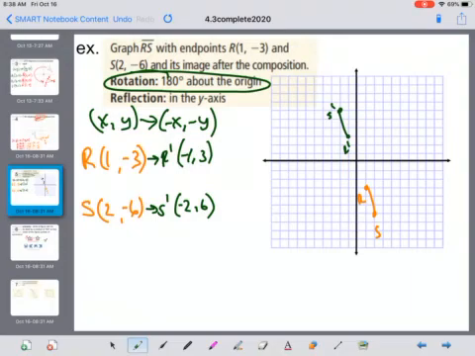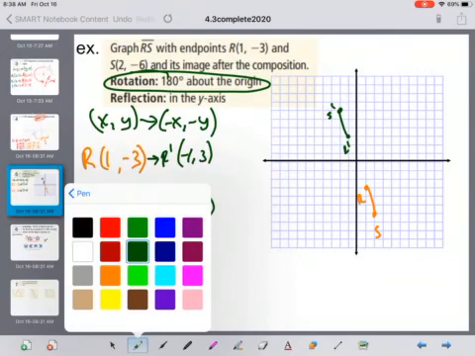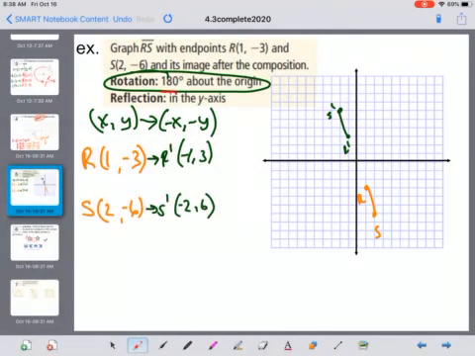And then for my double prime, I'm going to be taking the reflection in the y-axis. When I do the reflection in the y-axis, I take the ordered pairs I was just at, take the opposite of x, and then keep my y.